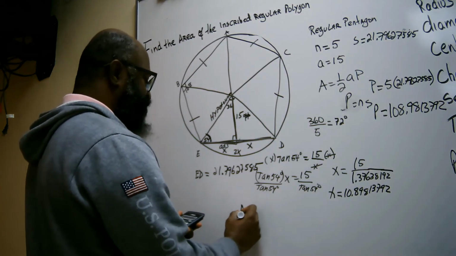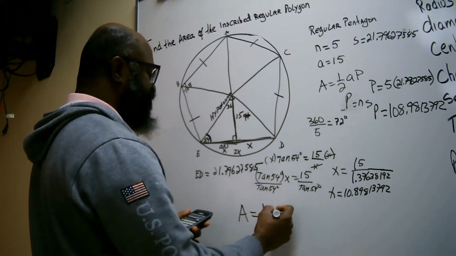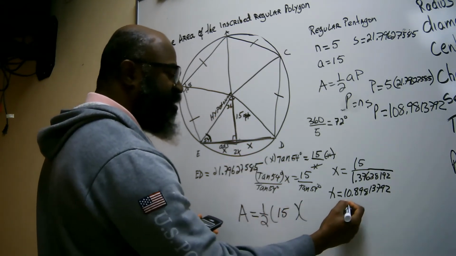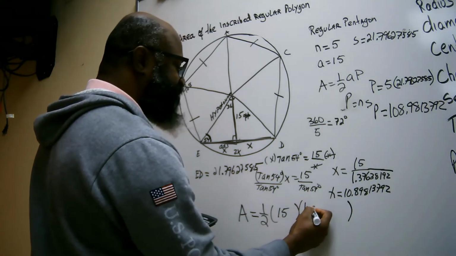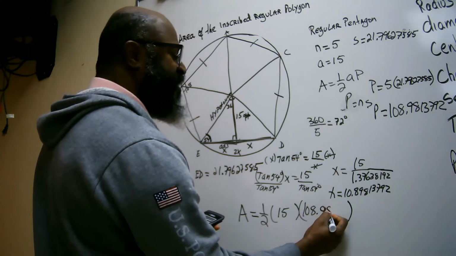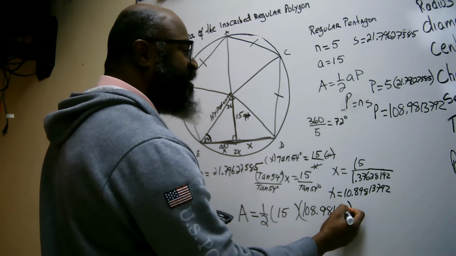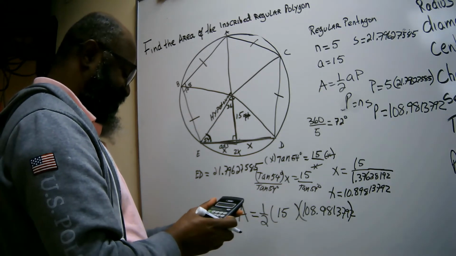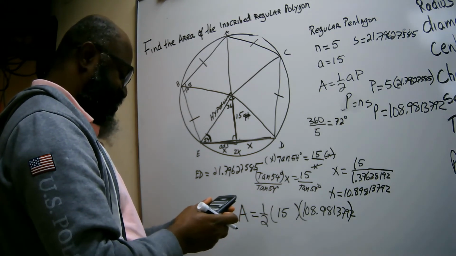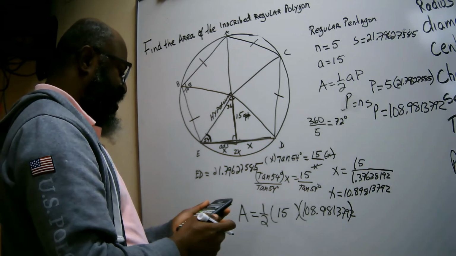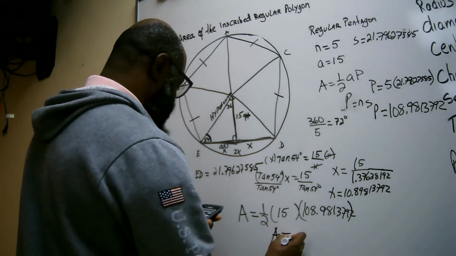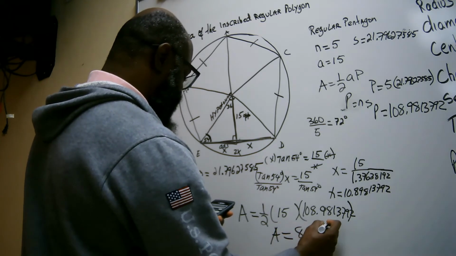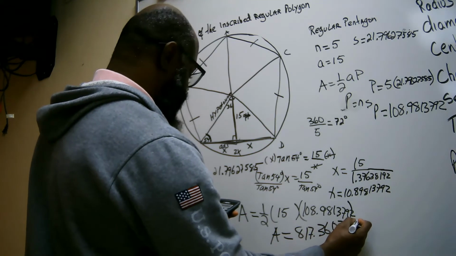Then I can find the area. So my area is going to be 1/2 times a times P. My a was 15 and my P is 108.9813792. Multiply by 15 and divide this by 2, and this will tell me the area is equal to 817.3603443.